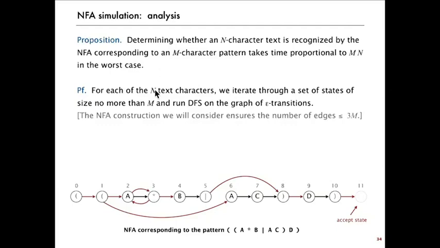We even run DFS on it, but that's linear. And there's the extra point that the number of edges that we have is less than 3m. No node has more than 3 edges leaving it. The total amount of time for each character is proportional to m, and there's n characters, so the running time is proportional to m times n.